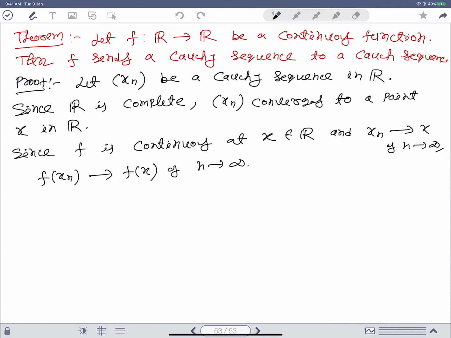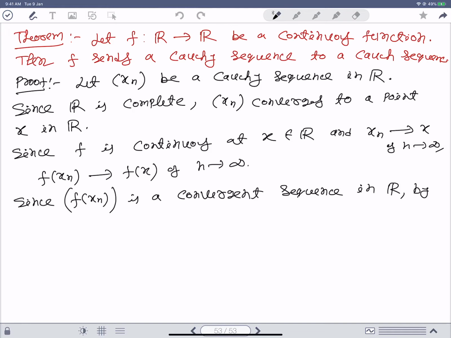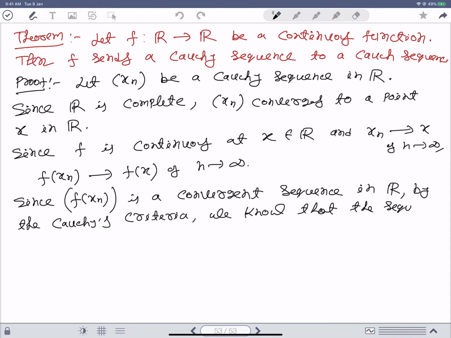That implies f of xn is a convergent sequence in R. So, since f of xn is a convergent sequence in R, by the Cauchy criterion we know that the sequence f of xn is a Cauchy sequence.